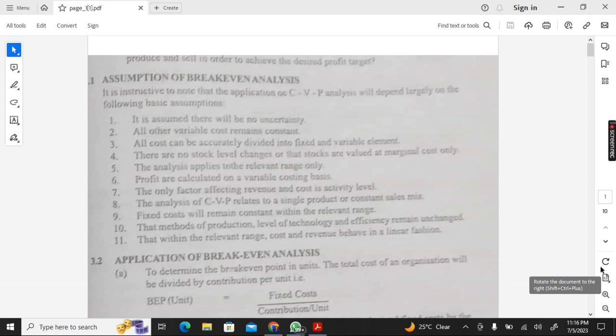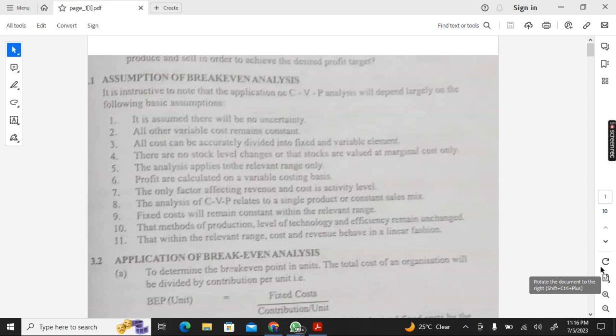Uncertainty we can also say is probability. So it is assumed that there will not be uncertainty, and all they are looking at is the real figure. All their activities are certain to achieve this.